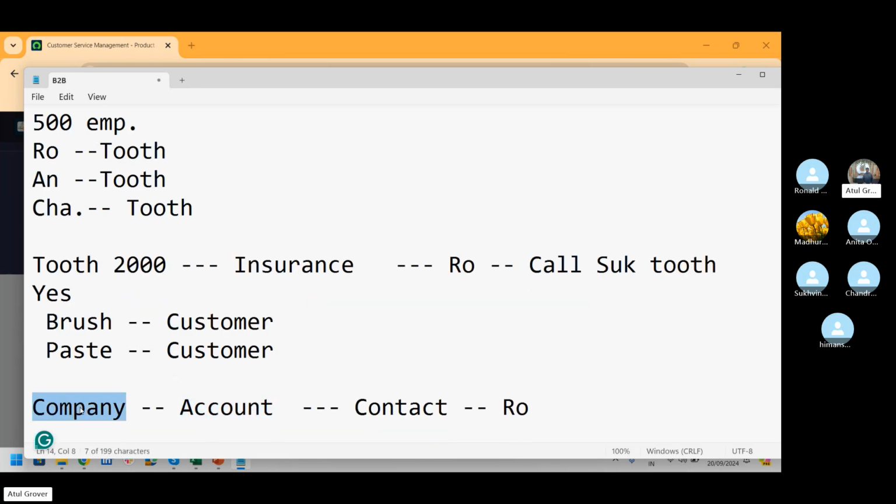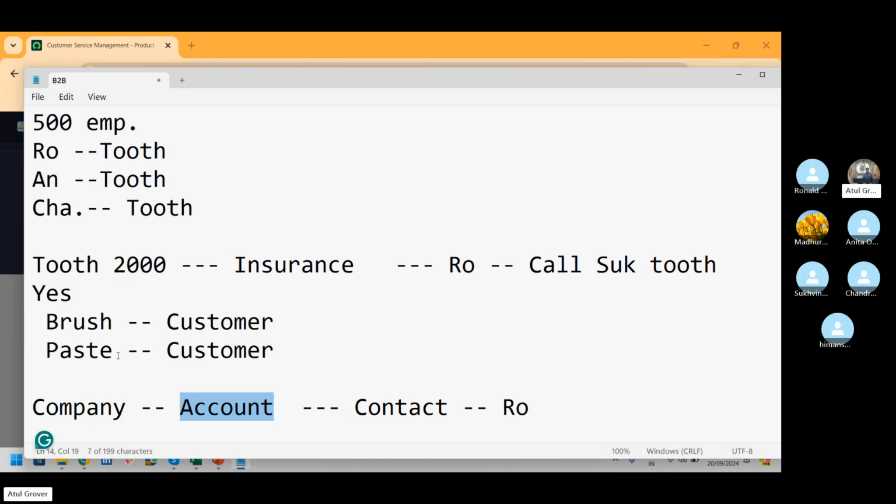Let's not call it a company, let's call it an account, because when we say company, we get confused. So I am onboarding brush account, paste account, lotion account, cream account.